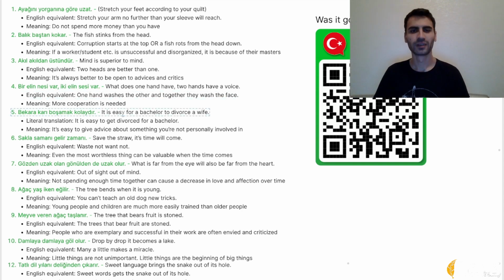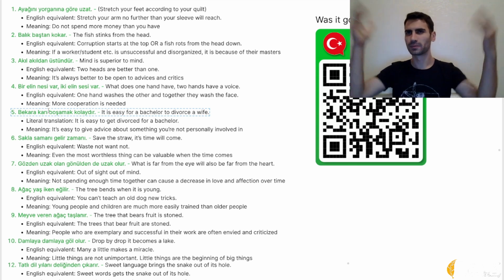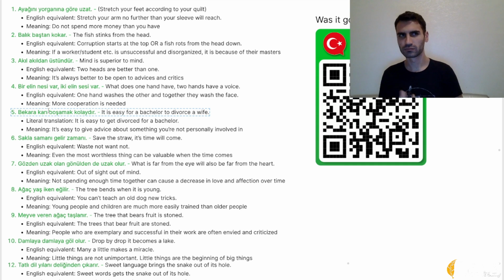Roger. It is easy for a bachelor to divorce a wife. Bekara karı boşamak kolaydır. Bekar is bachelor. Karı means wife, in a little rude way lately, because in the past it was normal. People still call karı actually.